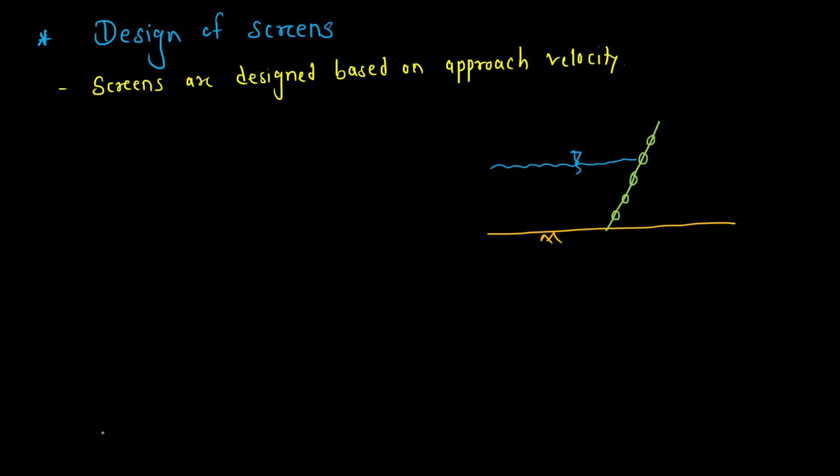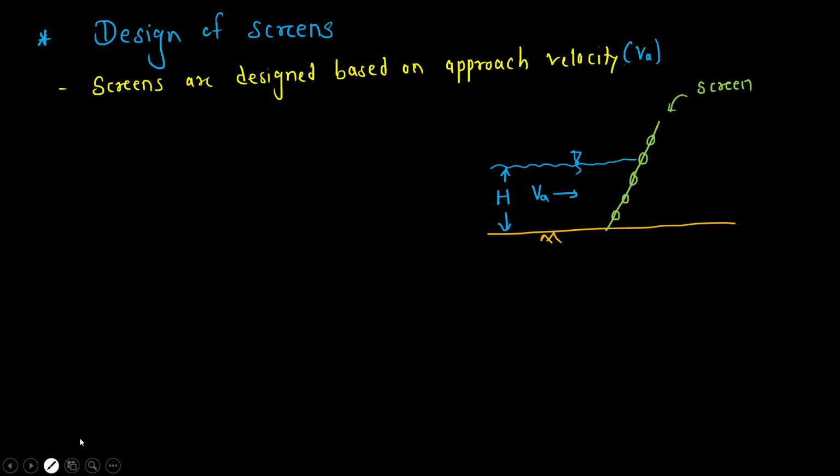The initial head of the water is capital H, and the water is flowing with a velocity Va. This velocity with which the water comes onto the screen is called the approach velocity.